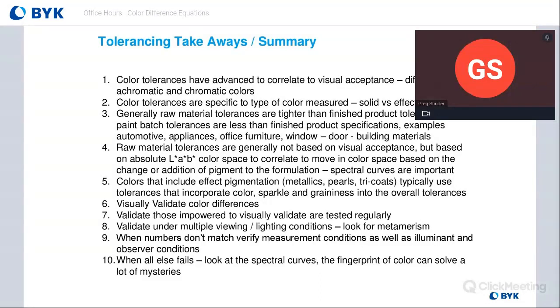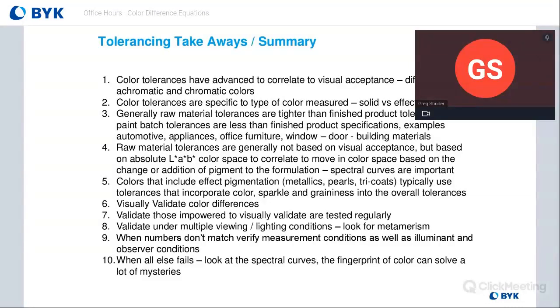One thing to remember for raw material producers, again, they're really not based on visual tolerances. If you see a visual tolerance not passing in a raw material situation, we really need to look back at the formula and see if you can correct for that.